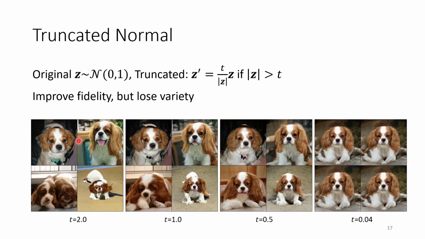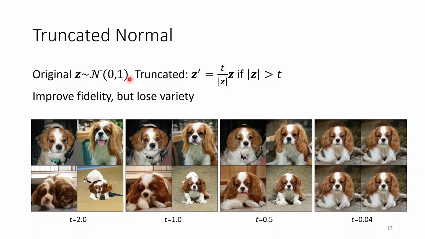In BigGAN, they also found an interesting technique. They call it truncated normal. It means the GAN ideally should render images from a random noise in the normal distribution.